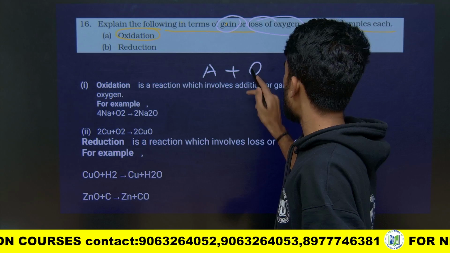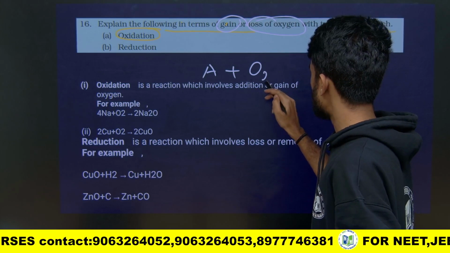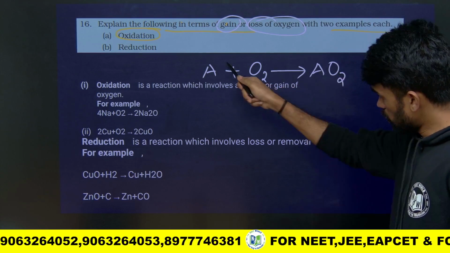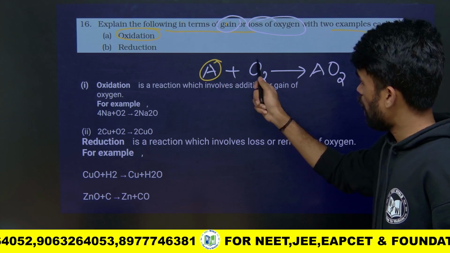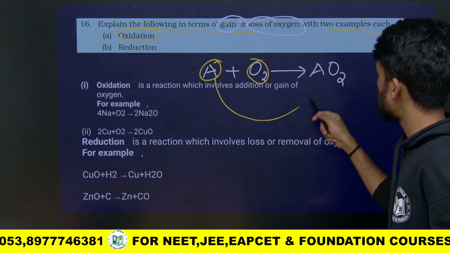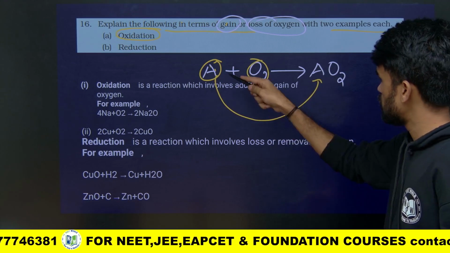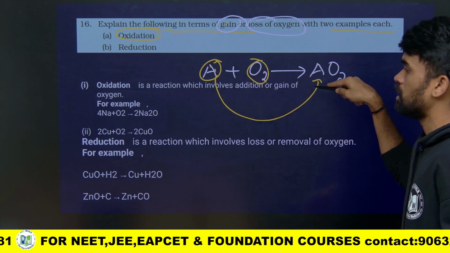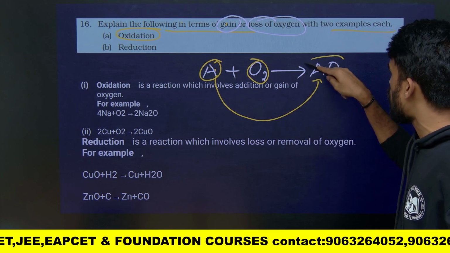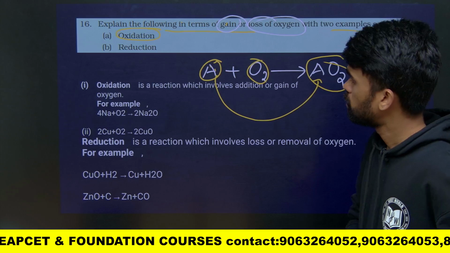If you are adding oxygen to this and it forms an AO2 compound, now see, A is getting added with oxygen. So A is called the oxidized product. In this process A is oxidized. A is getting oxidized and forming its respective oxide like AO2, right?